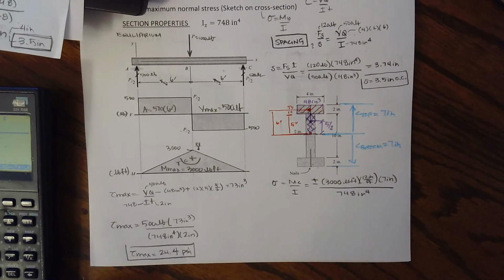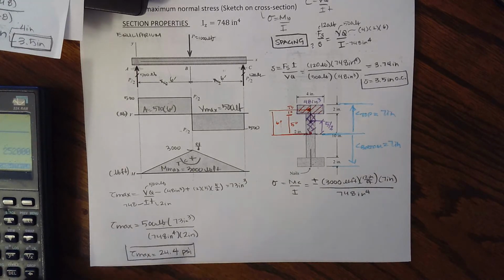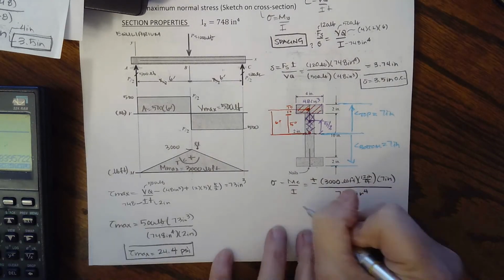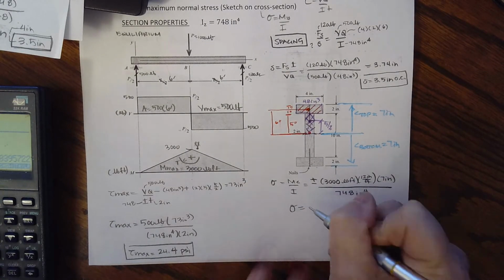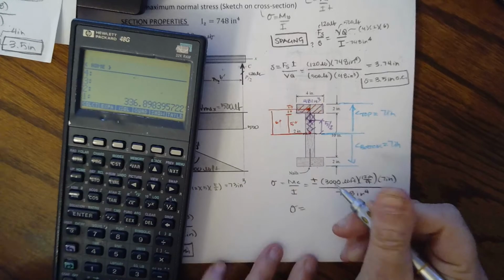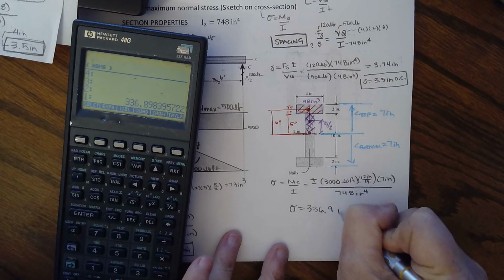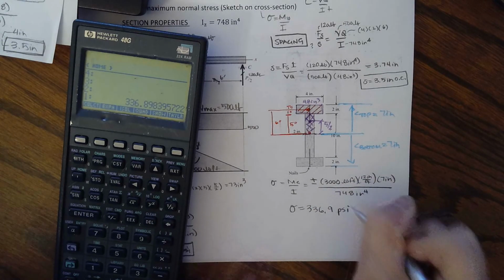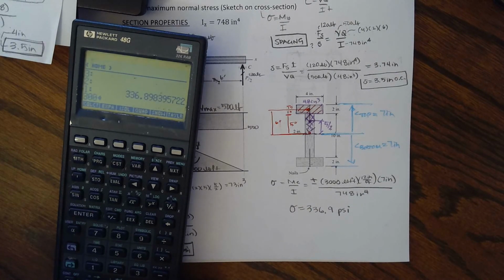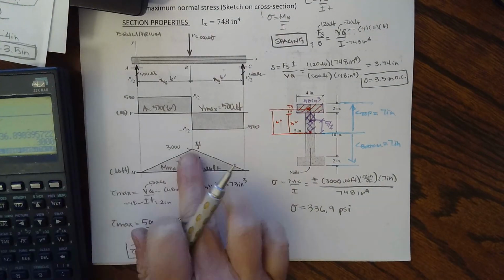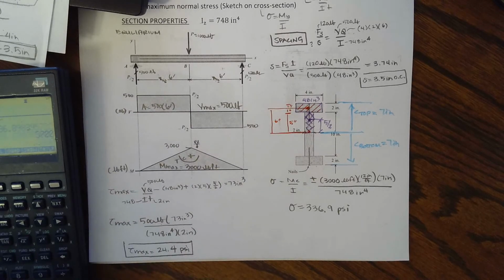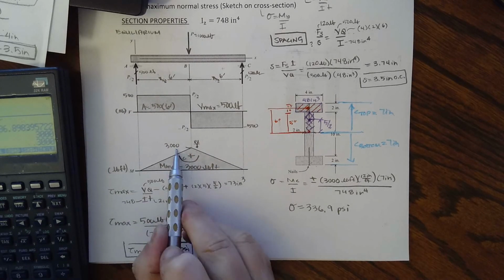So I have 3,000 times 12 times 7, divided by 748, and I get that my normal stress is equal to 336.9 psi.